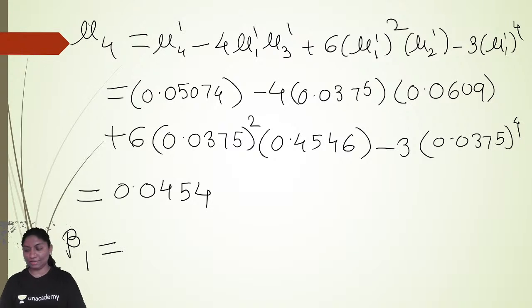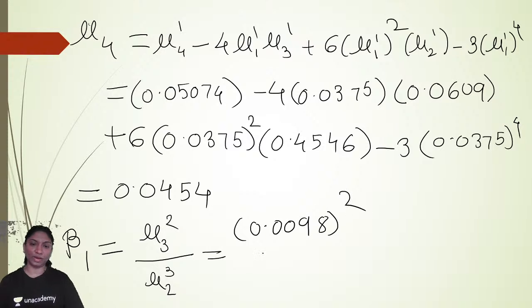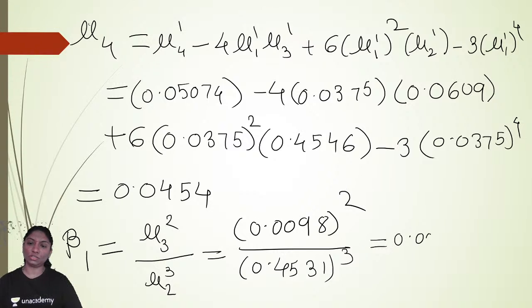denoted by beta 1, and beta 1 is equal to mu3 square upon mu2 cube, right, which is equal to, now what is the value of mu3 here? 0.0098 bracket square upon mu2 cube, 0.4531 bracket cube, which is equal to 0.001.